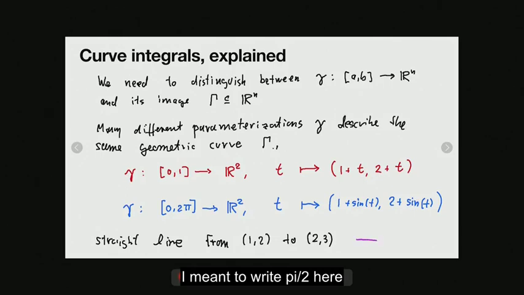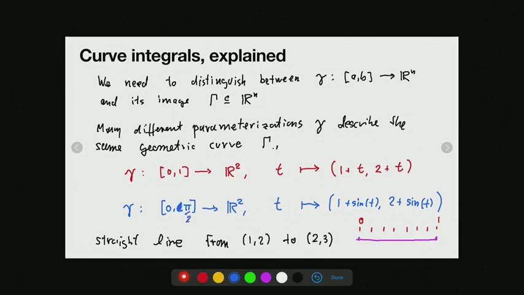Just to get a feeling for this: the first one is a very uniform parameterization, starting at 0 and going up to 1. The second one is a parameterization going from 0 up to, excuse me, that should not be 2 pi, it should be pi over 2.